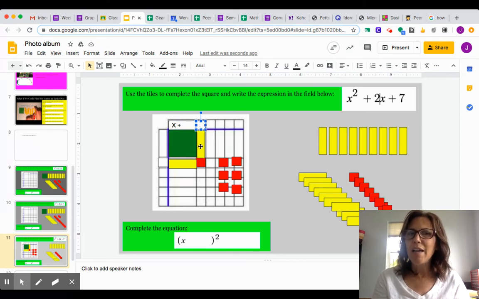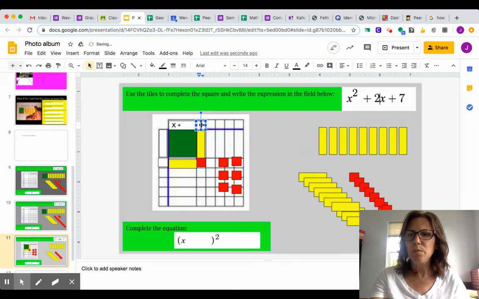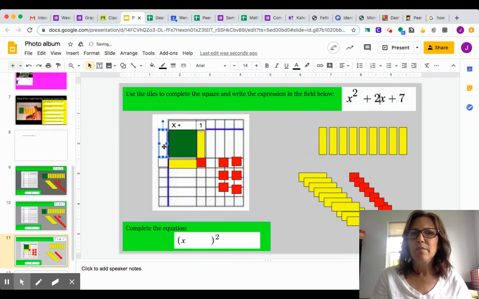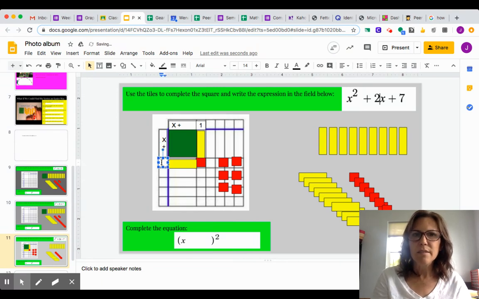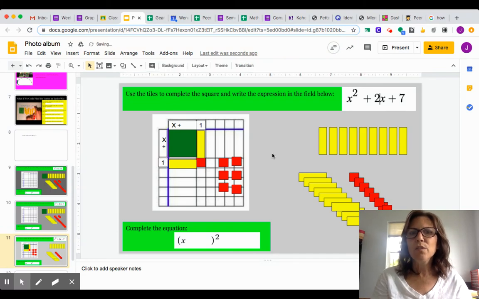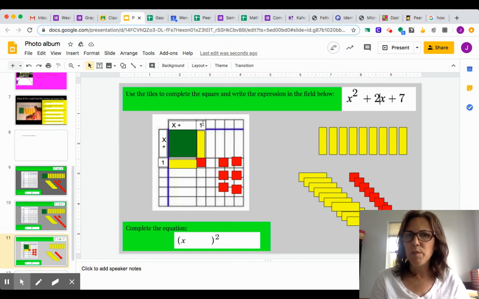Well, I have my x block, my x times 1. So right here, it's just plus 1. I'm going to go ahead and put plus 1. And here it's the same thing. I have an x plus and just 1. So if I look, my dimensions of my square are x plus 1 times x plus 1.